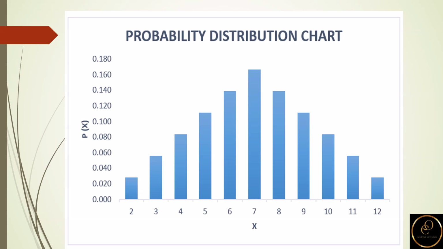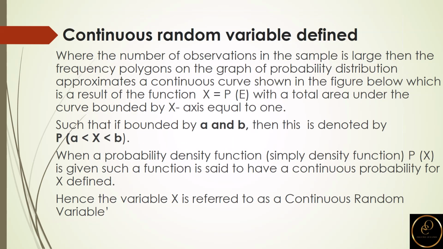Where a continuous random variable is defined, we can say that if the number of observations in the sample is large, then the frequency polygon on the graph of probability distribution will approximate a continuous curve, as I've already explained, shown in the figure below.